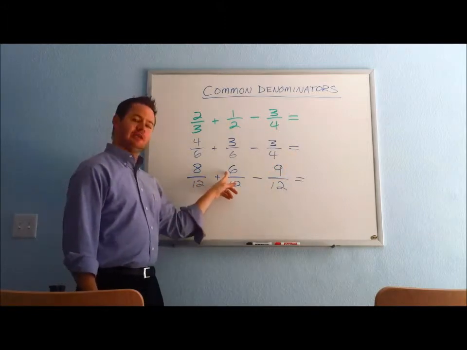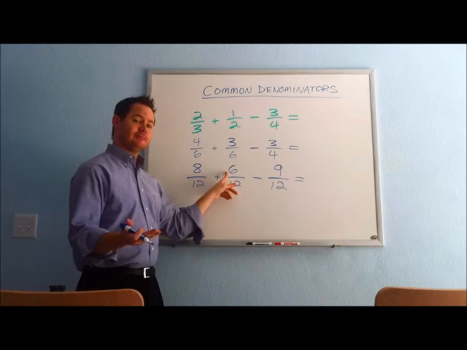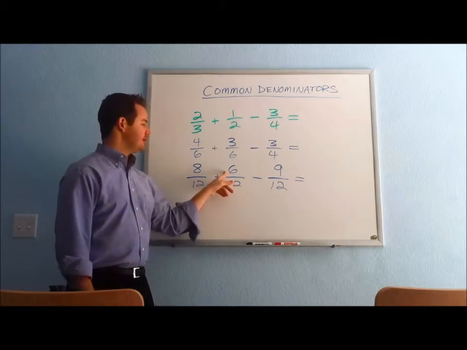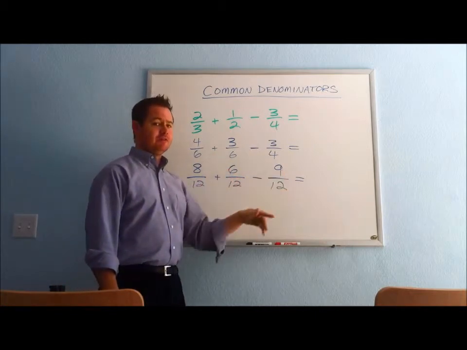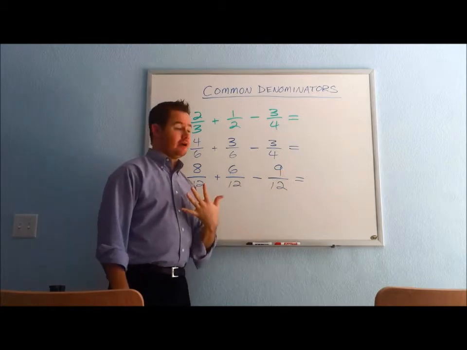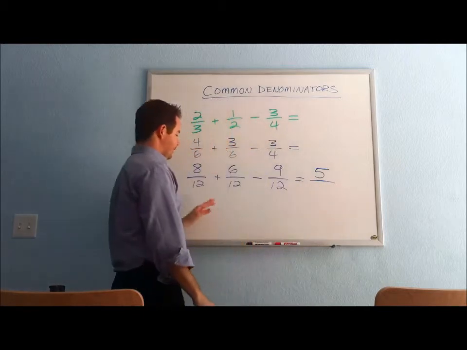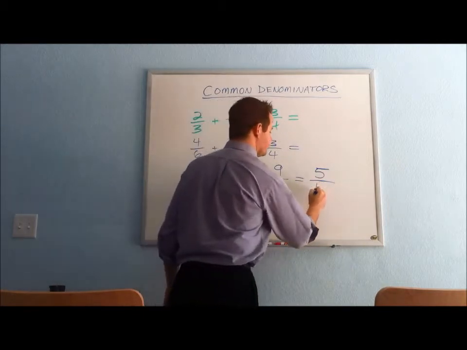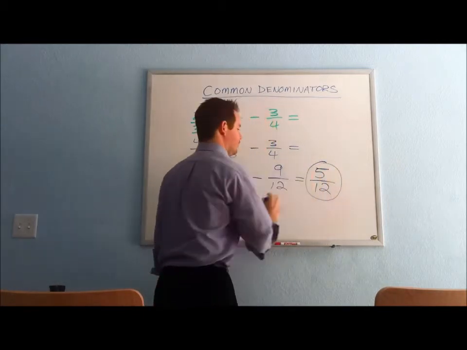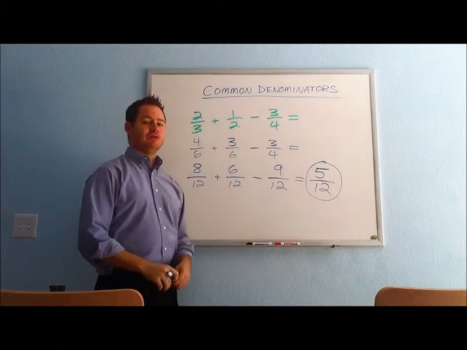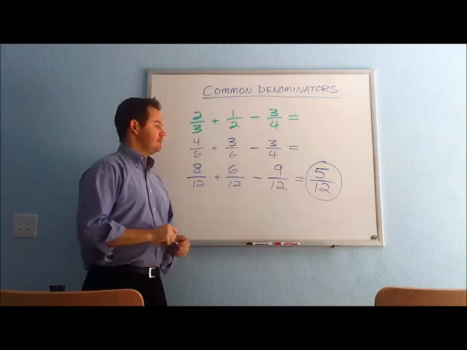So 8 plus 6 is how much? If you said 14, you are correct. And 14 minus 9 would give us 5. So 14 minus 9 gives us 5 for our numerator, and our common denominator here is 12, so we keep that the same. And we would get 5 over 12 for our answer to this question.